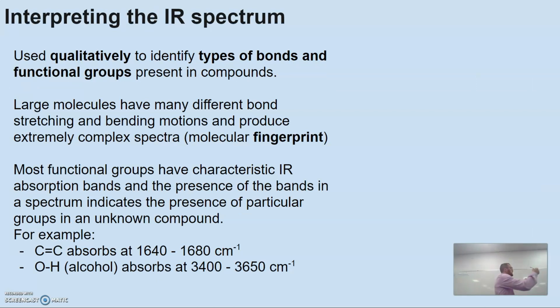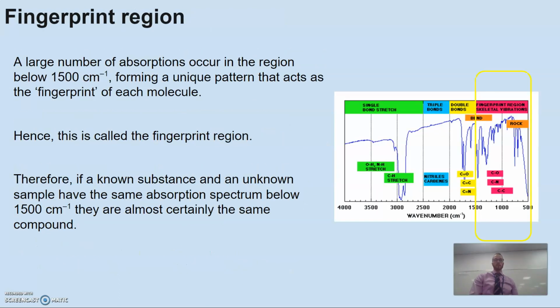Notice how many of our functional groups, aldehydes, ketones, carboxylic acids, all have a carbon to oxygen double bond, right? So there's something characteristic about each of those. O to H we've got in both alcohols and in carboxylic acids, but how that appears on an IR spectrum will be different. We'll talk about those.